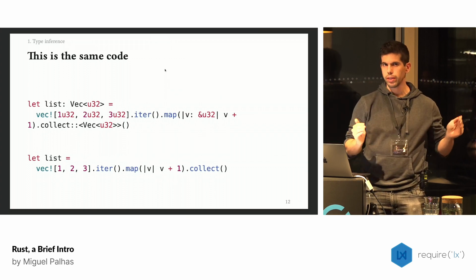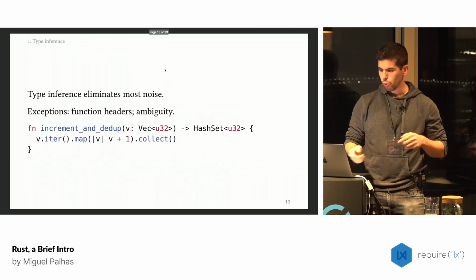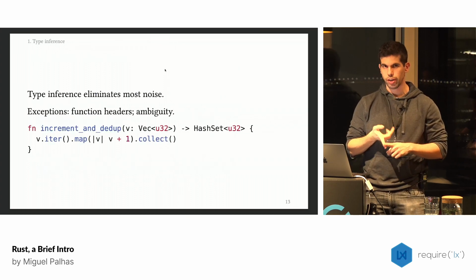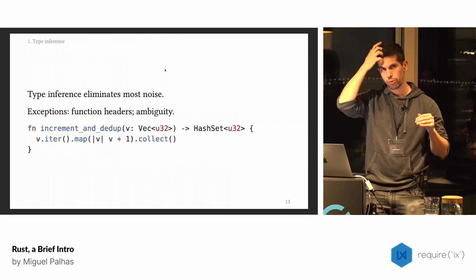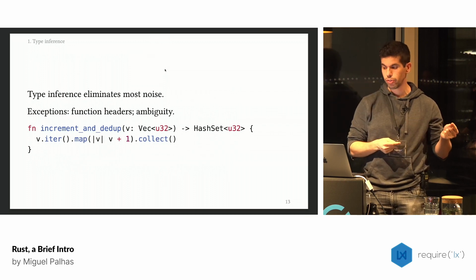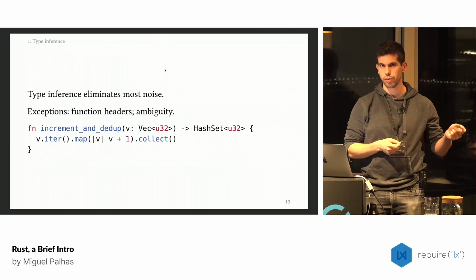And so we rarely need to define types anywhere, with the main exception being function headers, which is where even the compiler sets a boundary. So it actually forces us to write the full type definition in a function header.